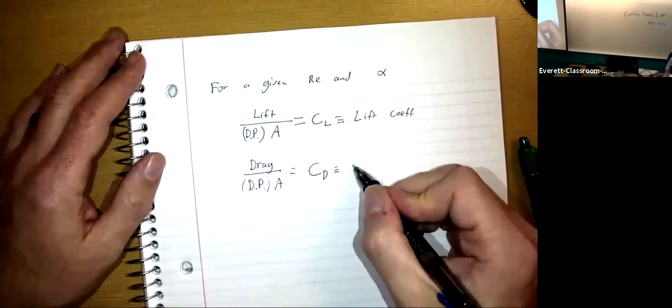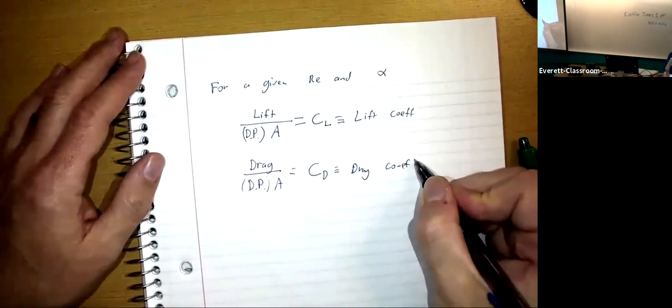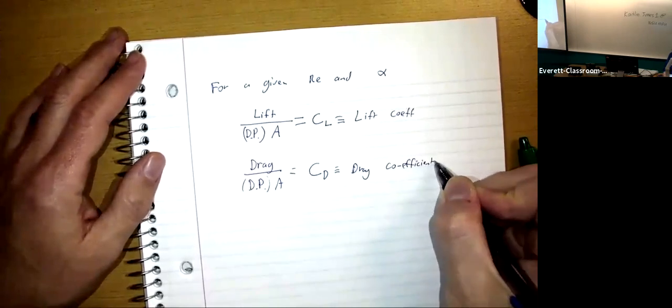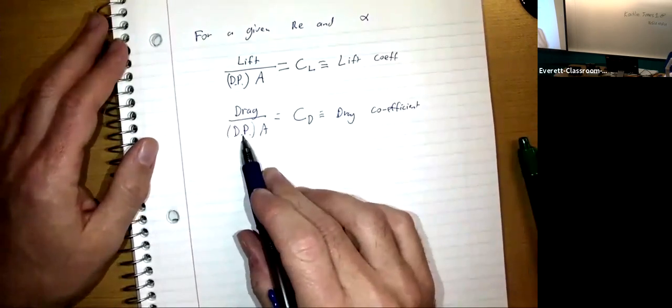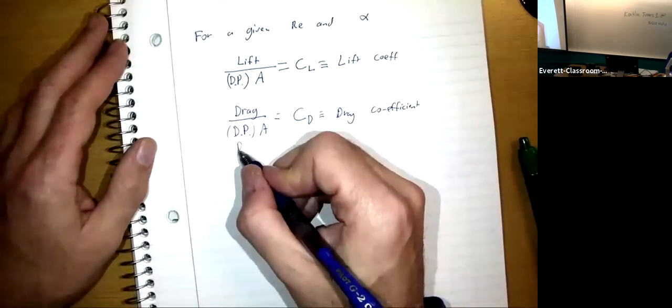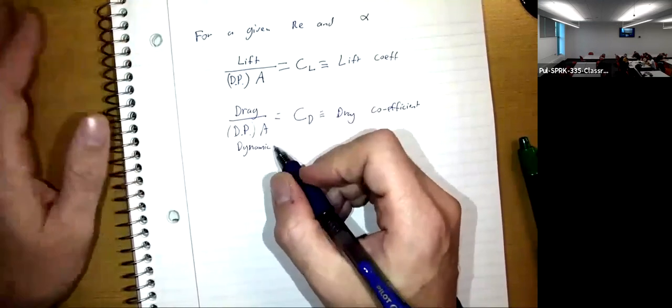This is called the drag coefficient. What's dP? dP is dynamic pressure. Okay. But I'm about to replace it with a mathematical formula.